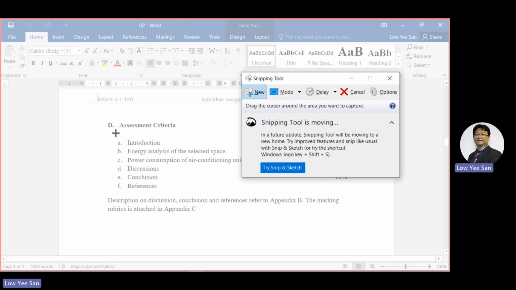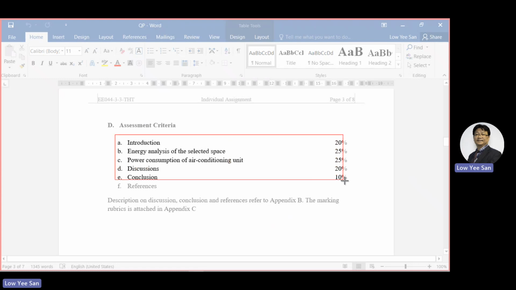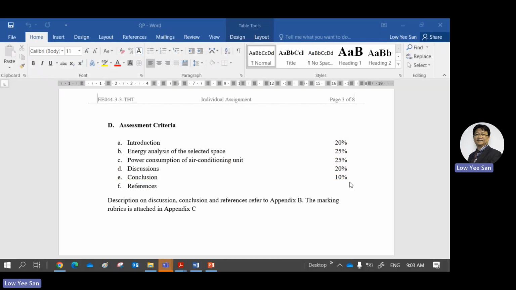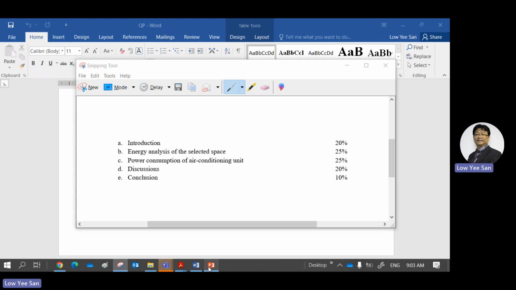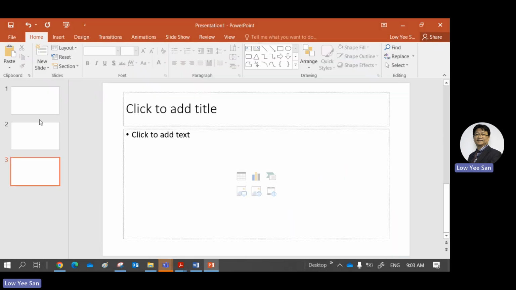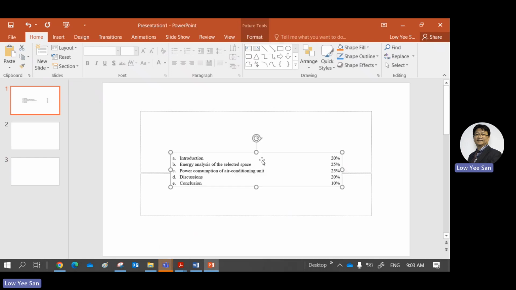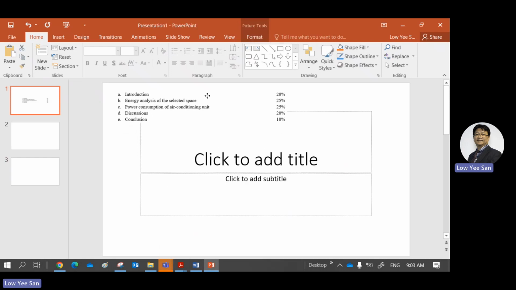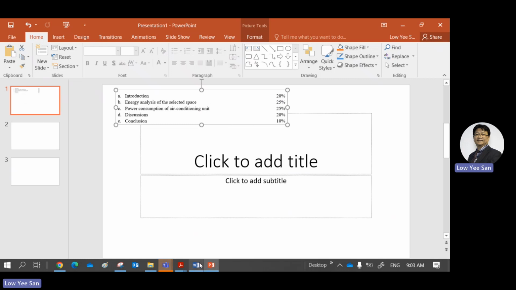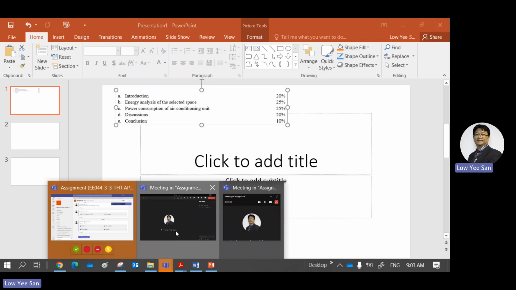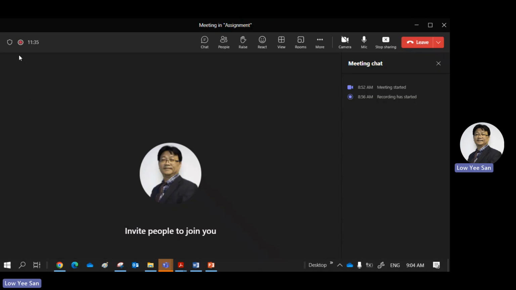Okay, let's move on one by one. When you see the red dot, I assume recording is running now.